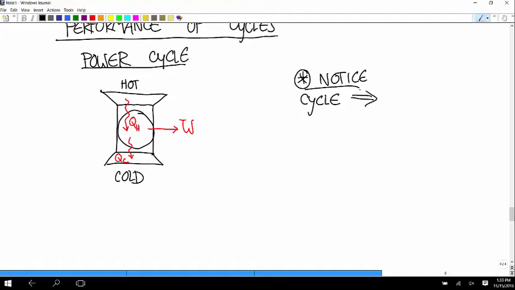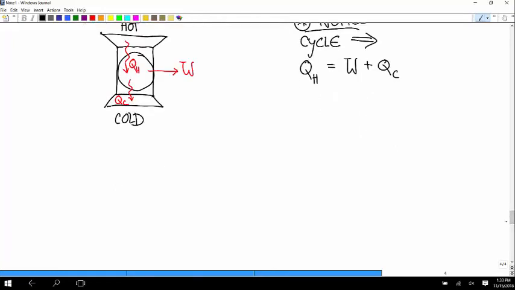And so this means that if you add up all the energy coming into the system, it has to equal all the energy leaving the system. QH is equal to W plus QC. Has to be the case for it to be a cycle. And we're going to use that.